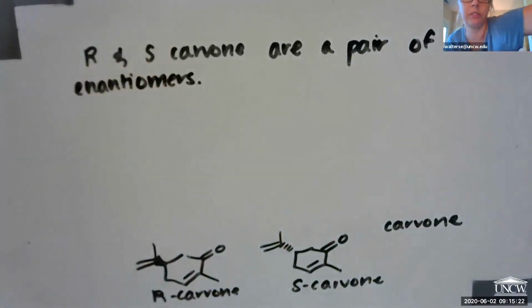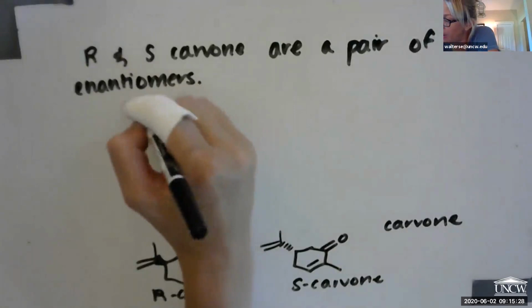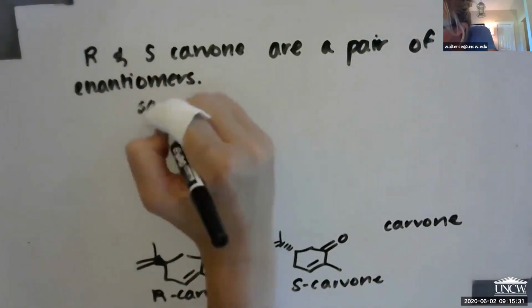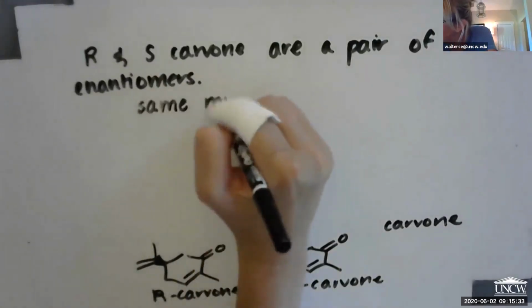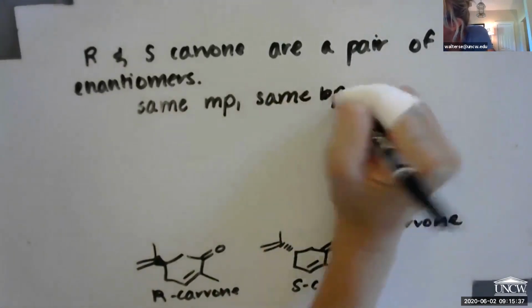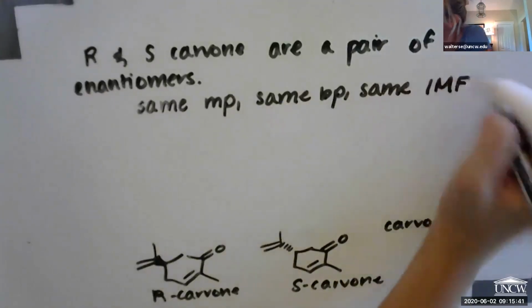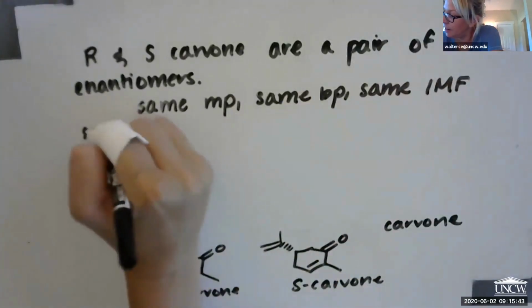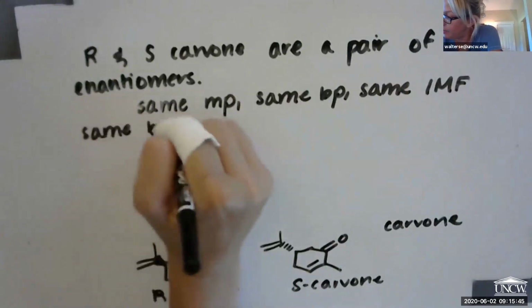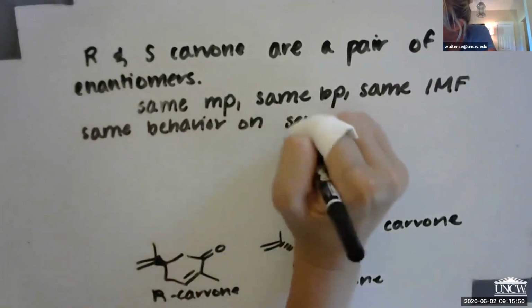Let me change it out. Okay. When you have a pair of enantiomers, they're going to have the same melting point, same boiling point, same intermolecular forces, same behavior on a separation column.